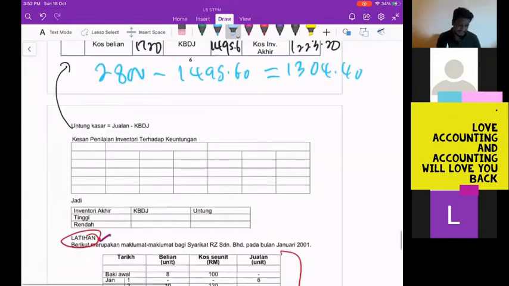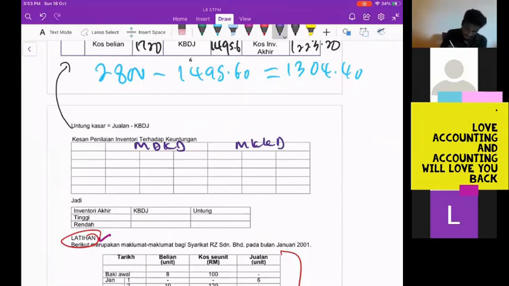Okay, next one is kesan penilaian inventory terhadap untung. First one is MDKD, next one is MKKD. MDKD and MKKD.